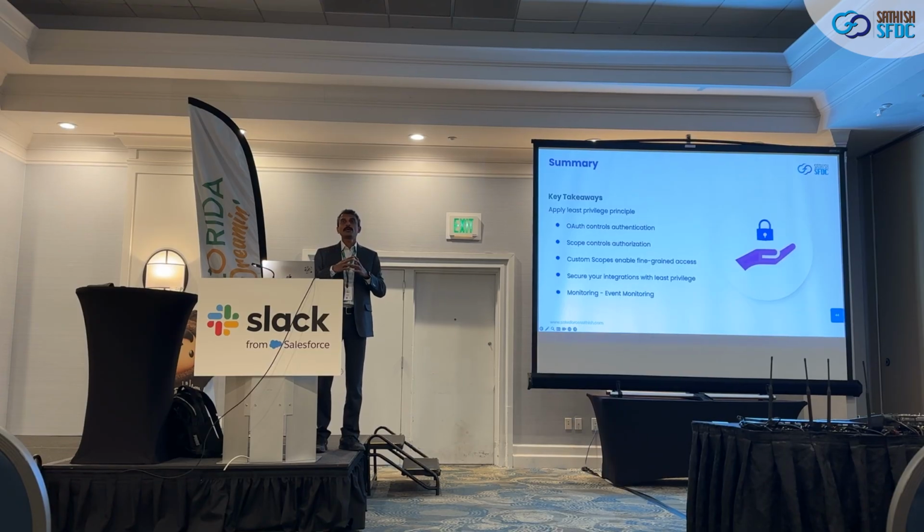For example, you establish the external client app and provide the client ID and secret ID to the external system, but you have to monitor and revisit that. You have to build your own policy to change the client ID and secret ID very often. For example, I am a developer, I created the client ID and secret ID, and I left the company. Now we have to revisit that: this person already knows the key, and he may be taking it with him.